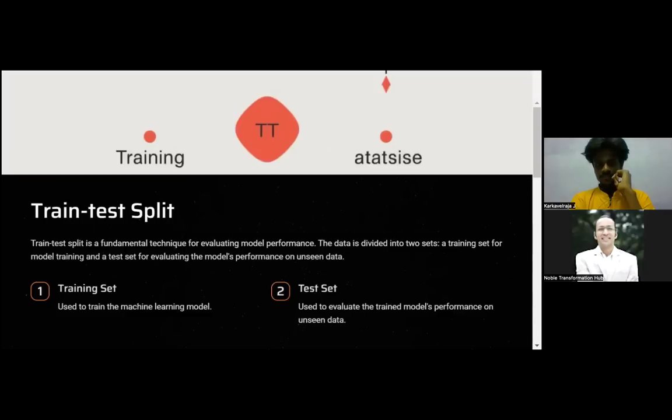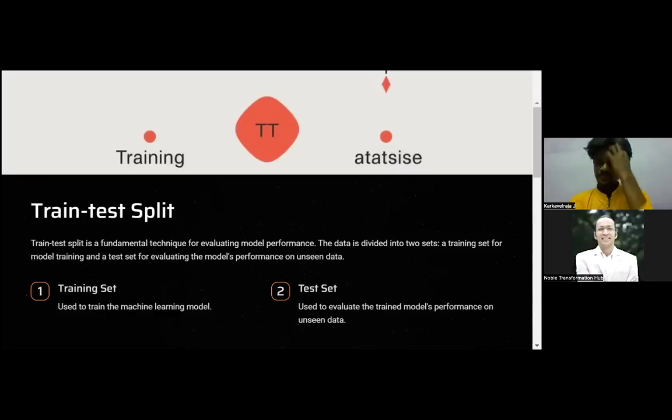Train, test, split is a fundamental technique for evaluating model performance, guys. Because if you have done everything, collected, cleaned, pre-processed, EDA, ensemble learning, everything, but you are not going to train, nothing will come out. If you are not going to test, nothing will come out.